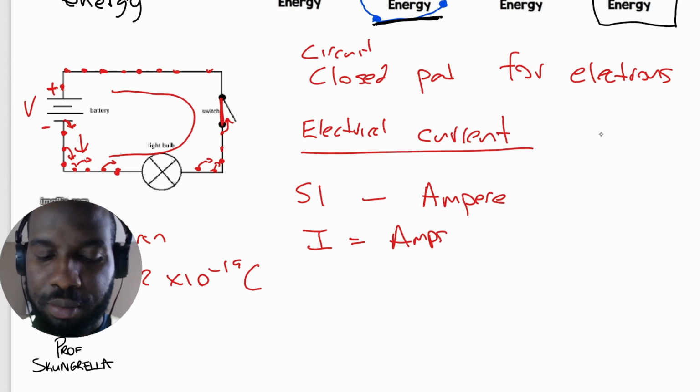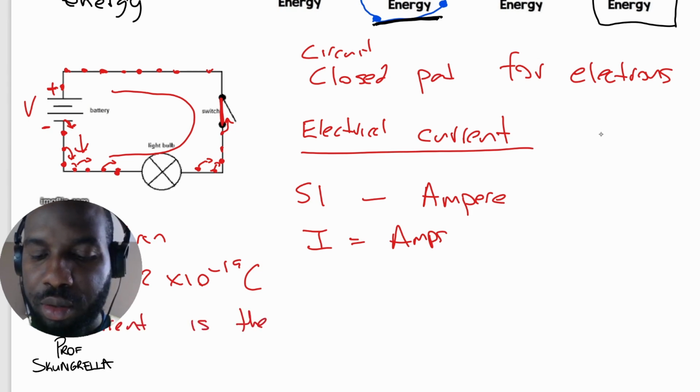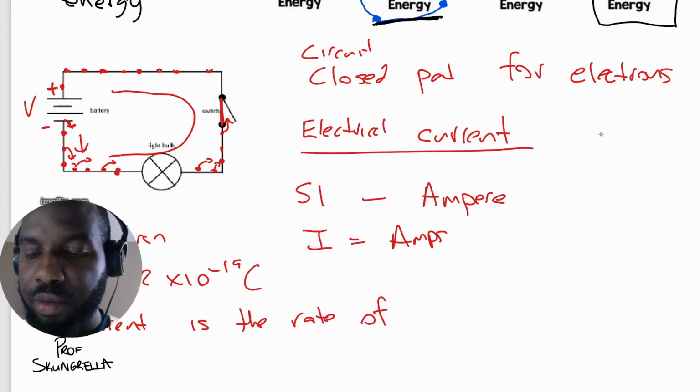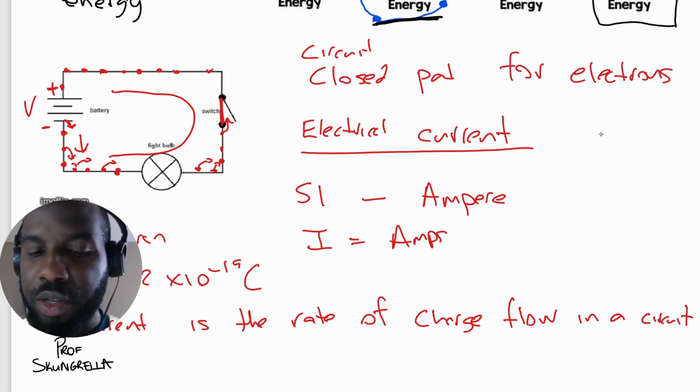So current is the rate of charge flow in a circuit, or at a point in the circuit, right? So again, think of it.